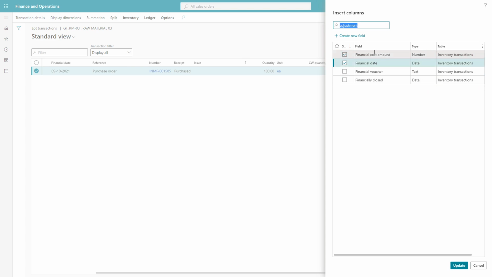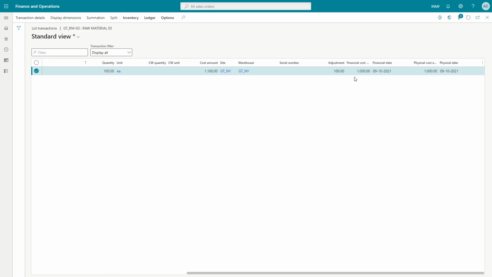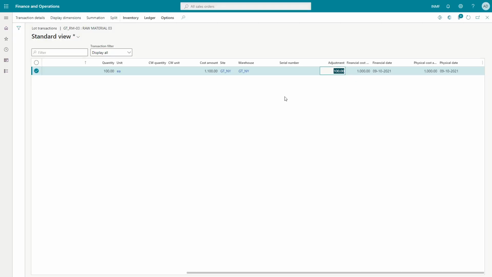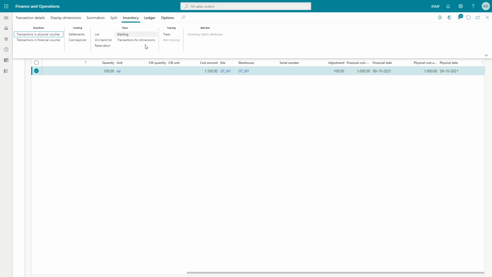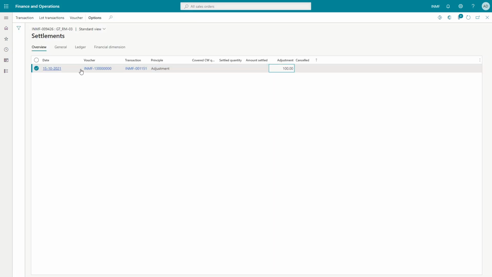Adjustment also. So as I said, 100 bucks are posted into the adjustment column. And if I go into inventory and settlements, this 100 rupees are stored here.